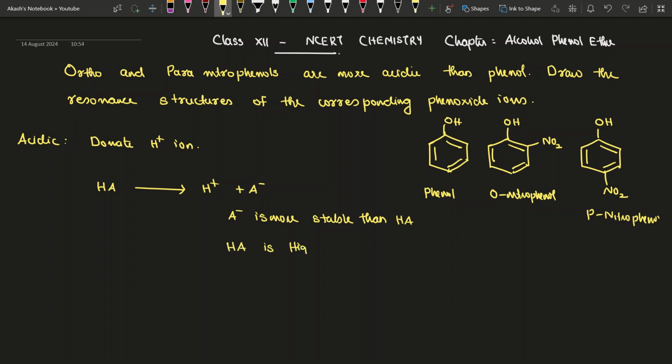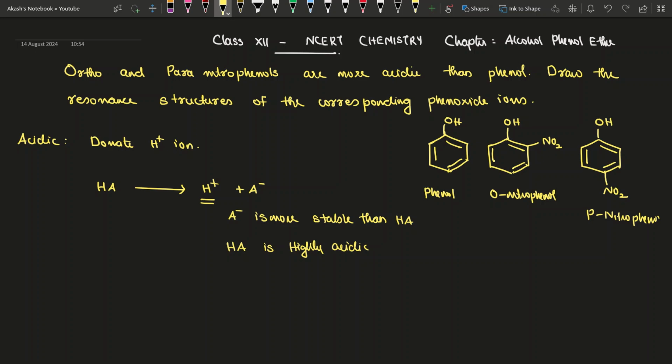Why can we say that? Since A minus is more stable than HA, HA will have the tendency to become A minus by donating H plus ion. If any species is donating H plus ion readily, that species can be called highly acidic.